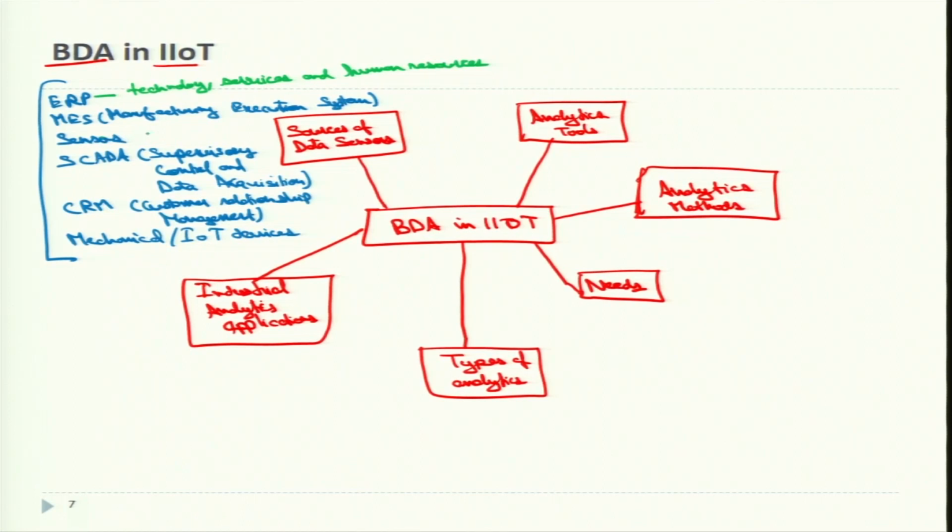Next, the manufacturing execution system assists in maintaining a real-time record of the manufactured data and receives up-to-date information from robots, machines, and IoT devices. So it is a real-time record.